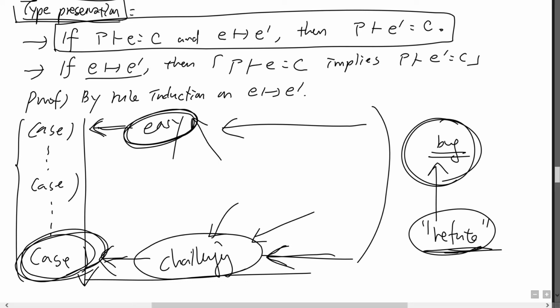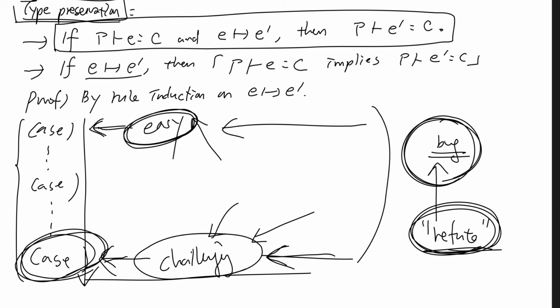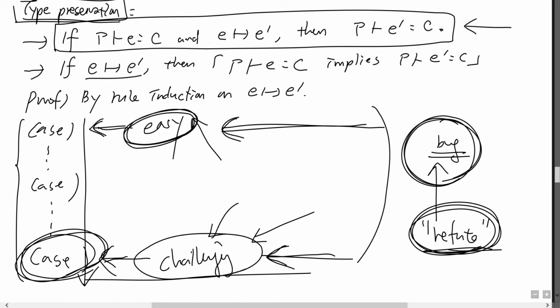So if you believe that there is a bug in this system, and therefore the statement is unlikely to be true, you want to consider the easiest case first. In our case, we are trying to establish the truth of this statement. Therefore, you want to consider the most challenging case first.